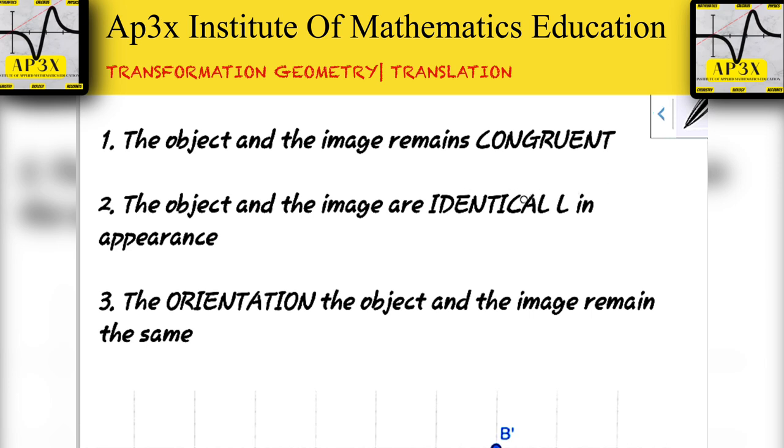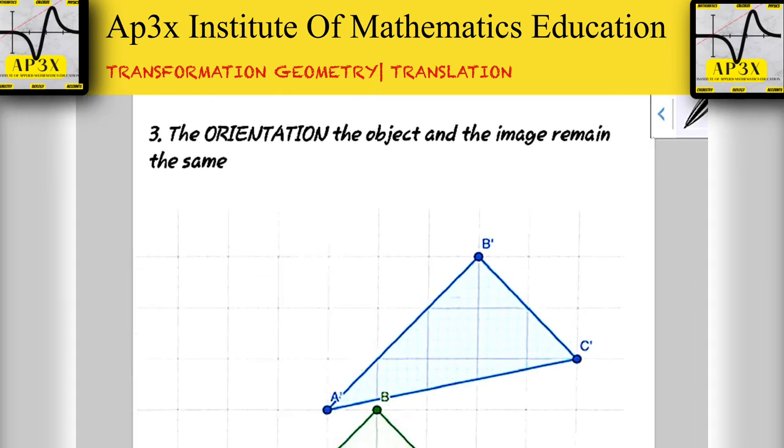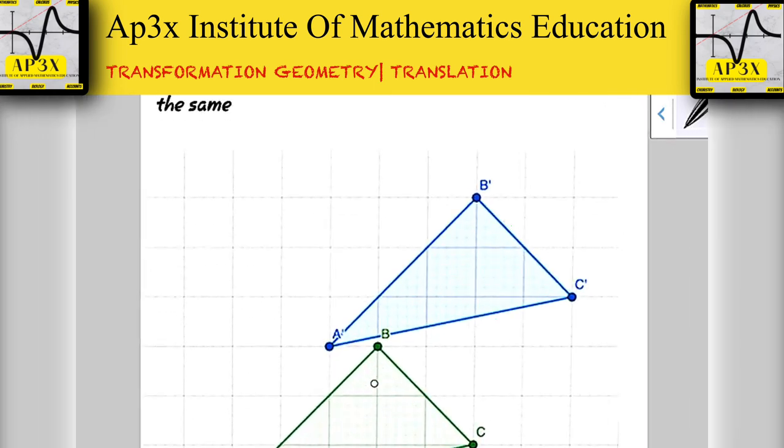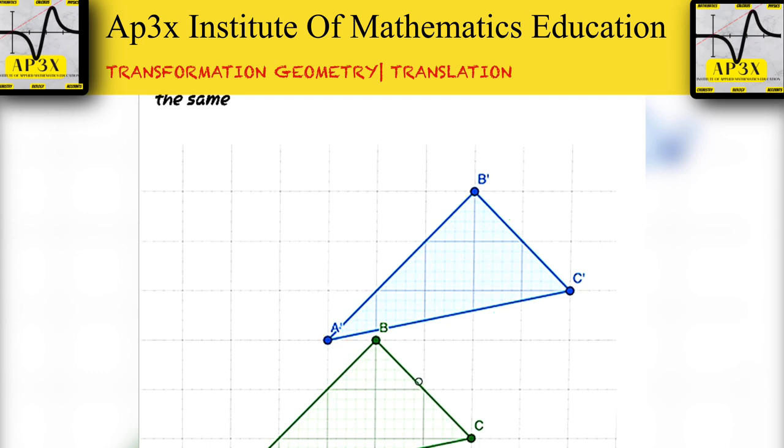In other words, they should be congruent. So I should use my visualization skills and say that ABC looks exactly the same in terms of length, angles, and area, just by observation.